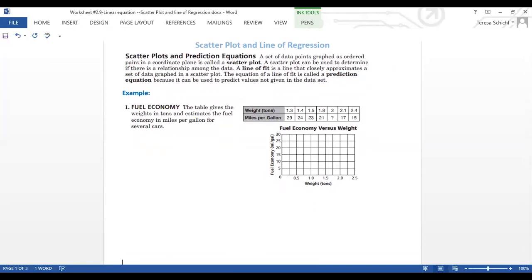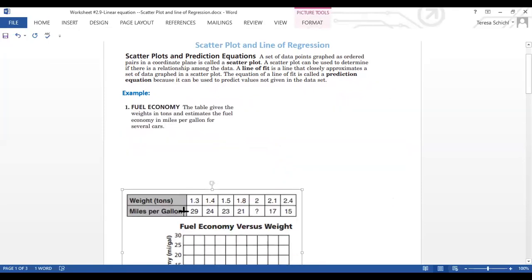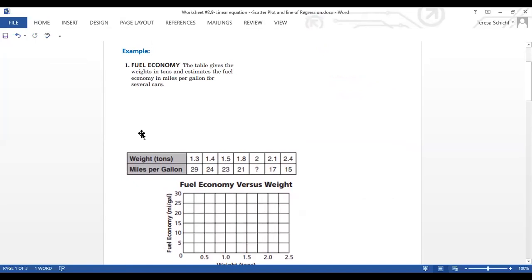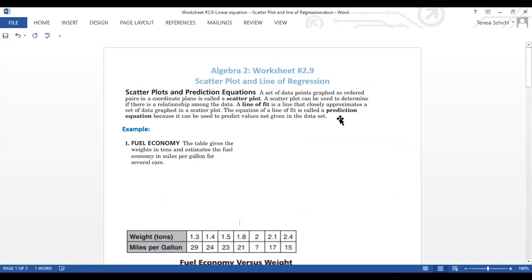Maybe I can make this graph a little bit bigger, so then it's easier to graph it, right? In here we set up the regression, the scatter plot and the prediction equations.